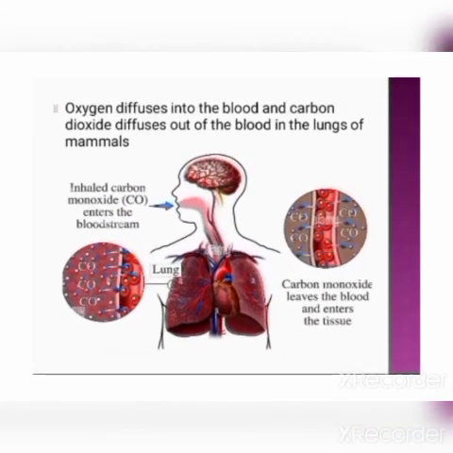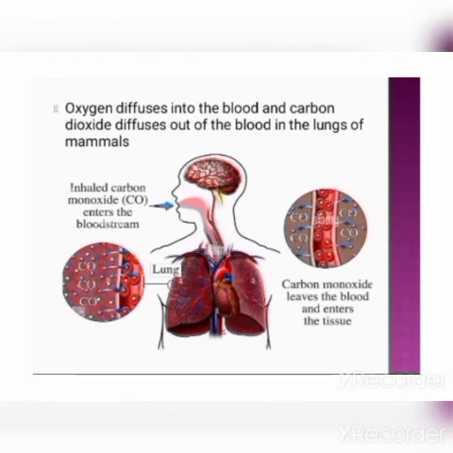In humans, you can also talk about the lungs. Oxygen diffuses into the blood and carbon dioxide out of the blood in the lungs of mammals. So when you breathe in, you take in oxygen. This oxygen then goes through the bronchioles and reaches the alveoli.